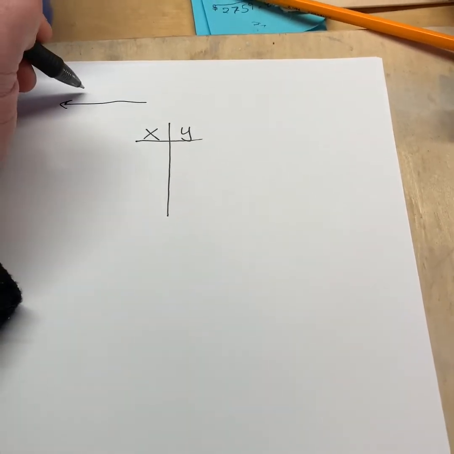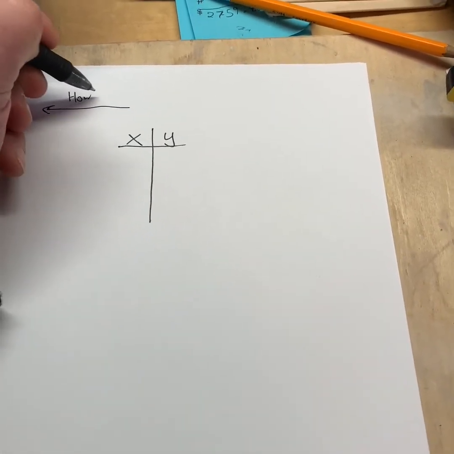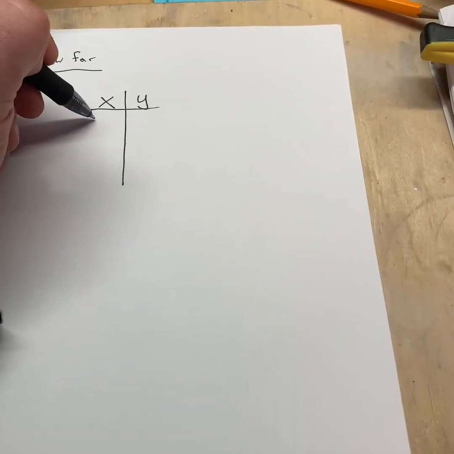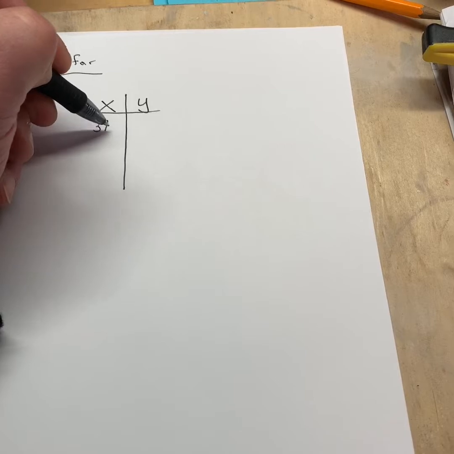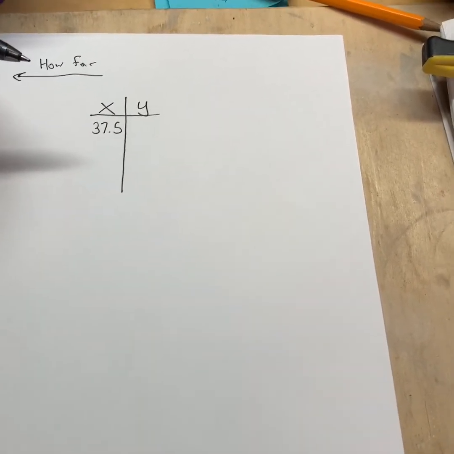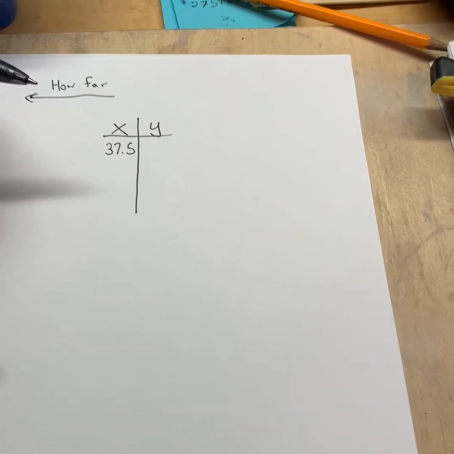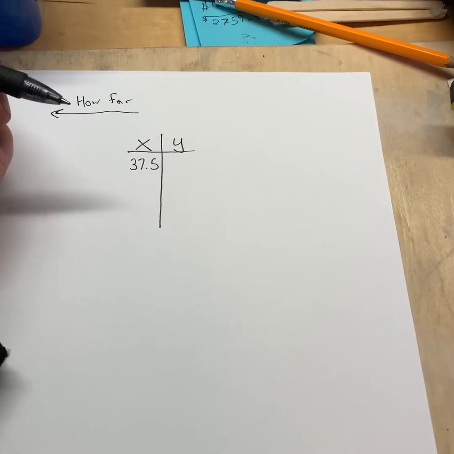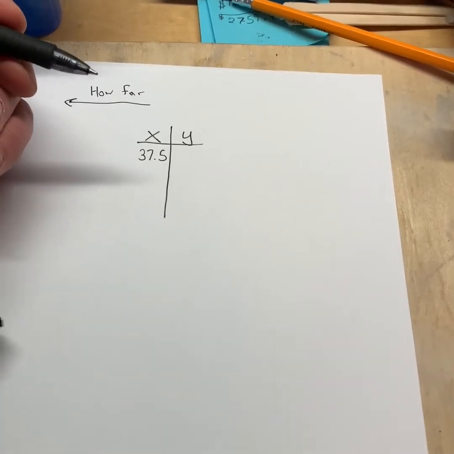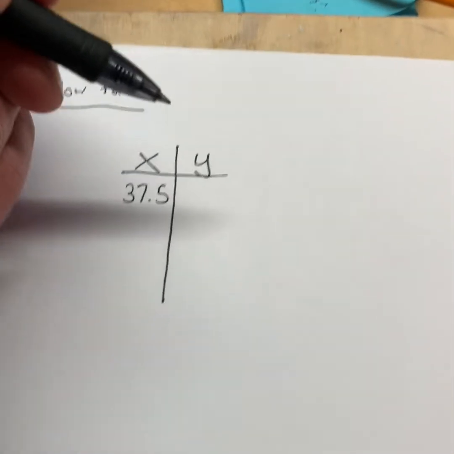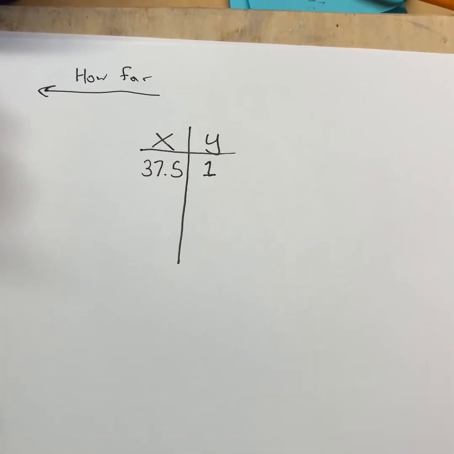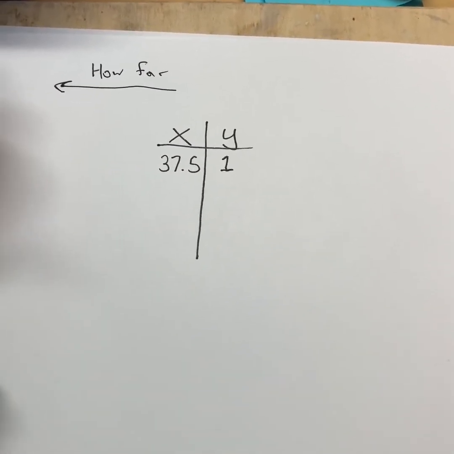So that is how far the marker rolls, okay? And we decided that was 37.5 inches. For the Y of the coordinate pair, we need to go back and look, unless we remember, how tall the ramp was off the ground. In this case, it was 1 inch off the ground. This creates our first coordinate pair.